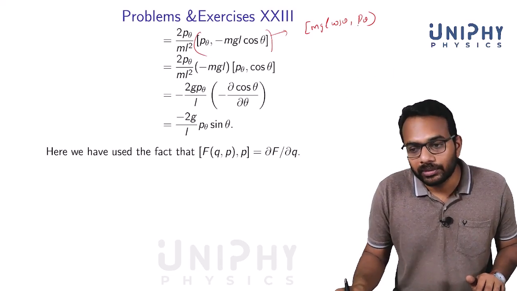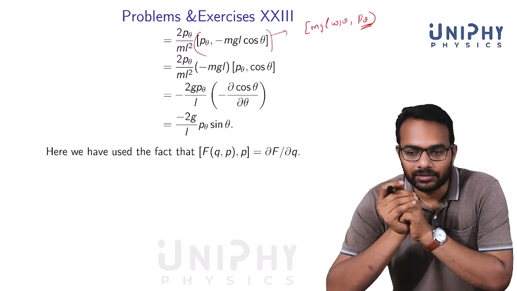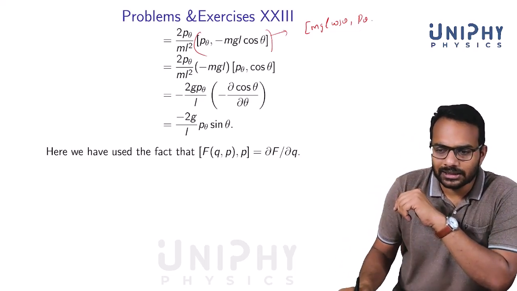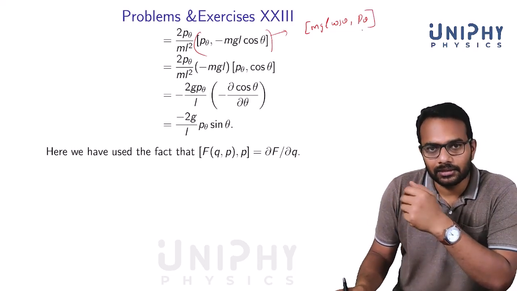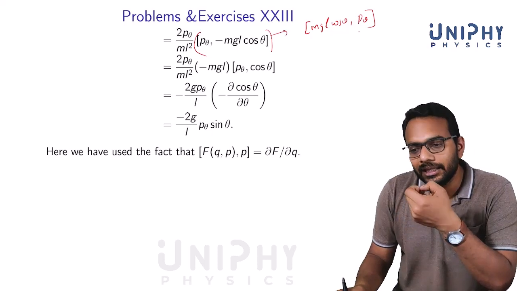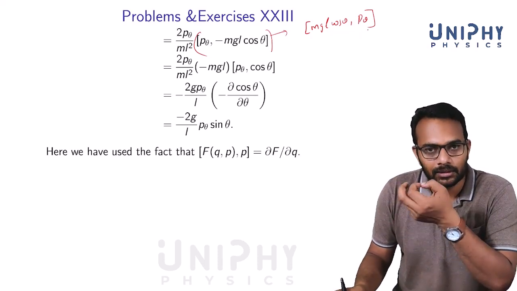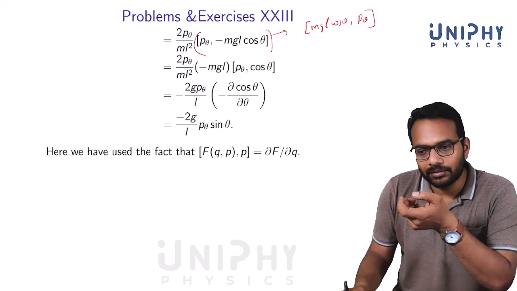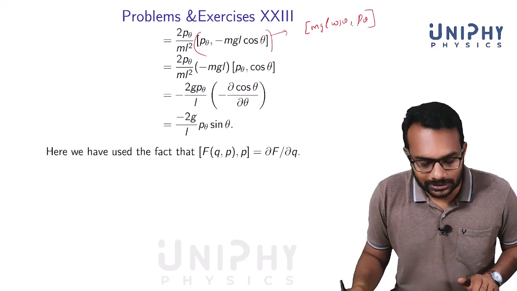Now we remember a result that we had done in the previous class. The result was this: if you want to take the Poisson bracket with p, it's equivalent to taking a partial derivative with respect to theta. The fundamental reason for this is that the momentum is the generator of translations.